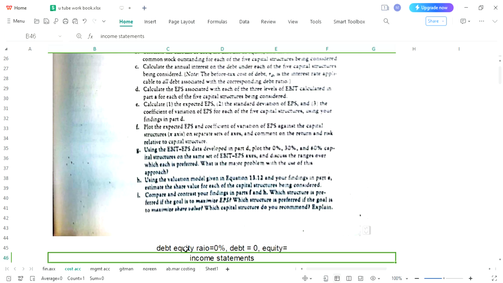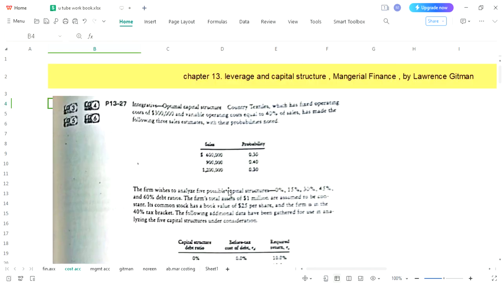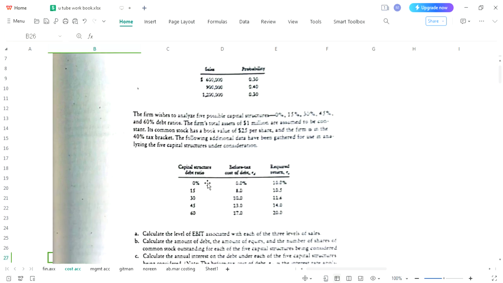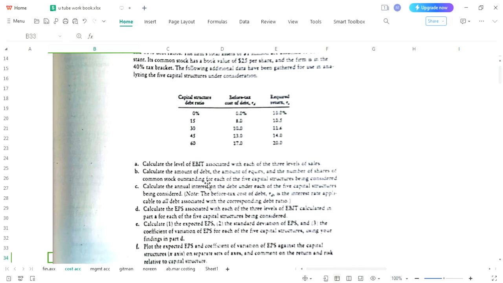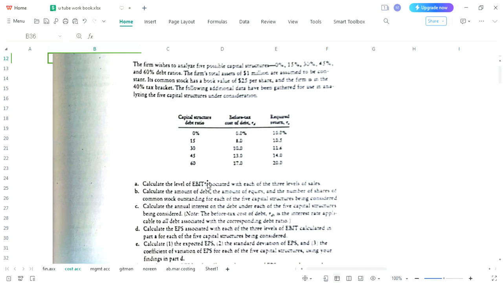we will say how much capital structure we do have and we'll have to read the capital structure, how much total capital we do have. Let's start our reading.